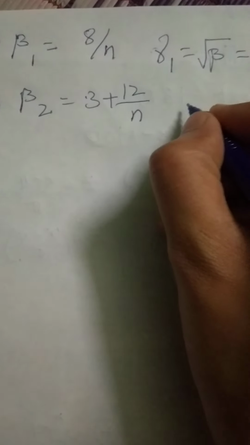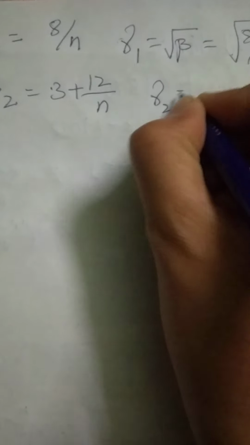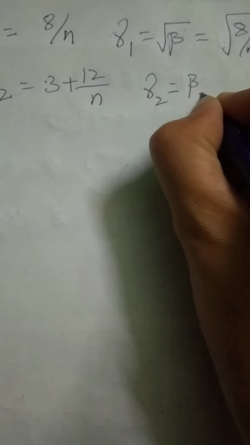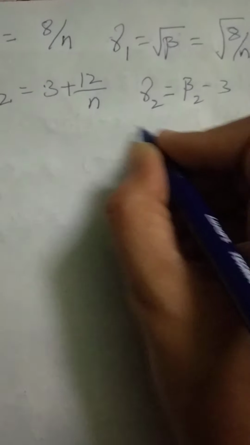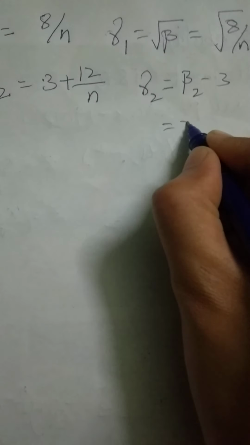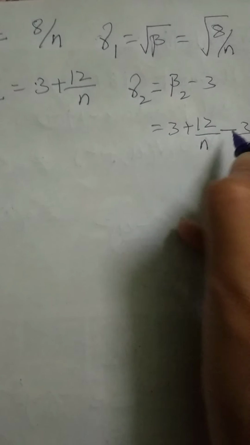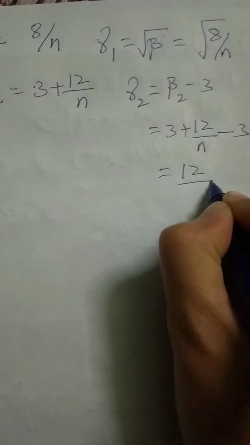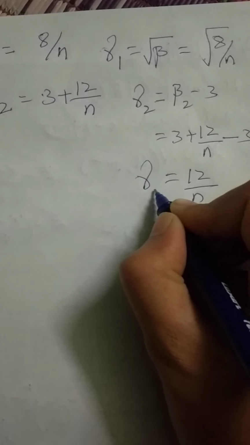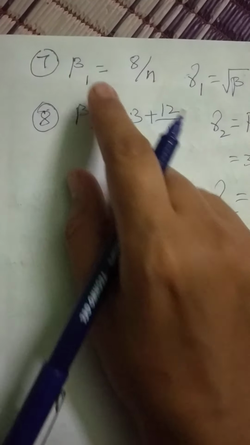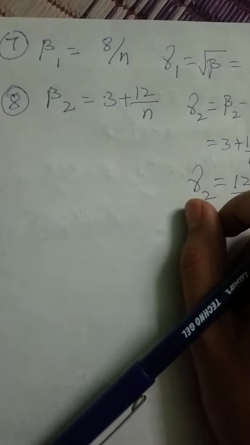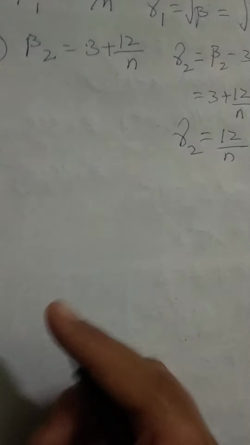Now what is gamma 2, students? It is beta 2 minus 3, that means 3 plus 12 by n minus 3, which is nothing but 12 by n. This is the 7th and 8th; you can make it the 9th and 10th point too, and it will be easy for you. It looks like 10 points you have written as properties in the exam.